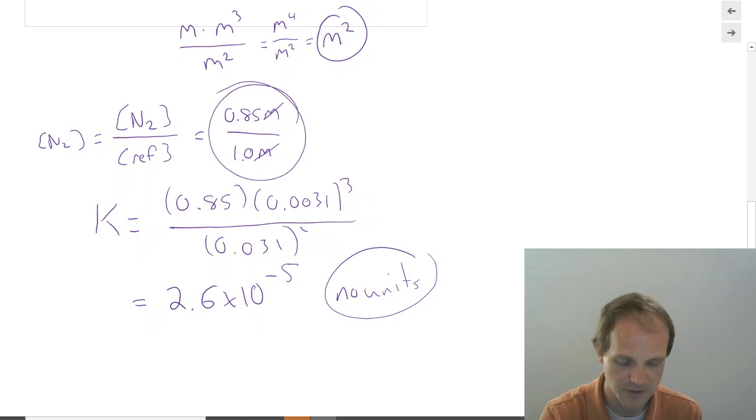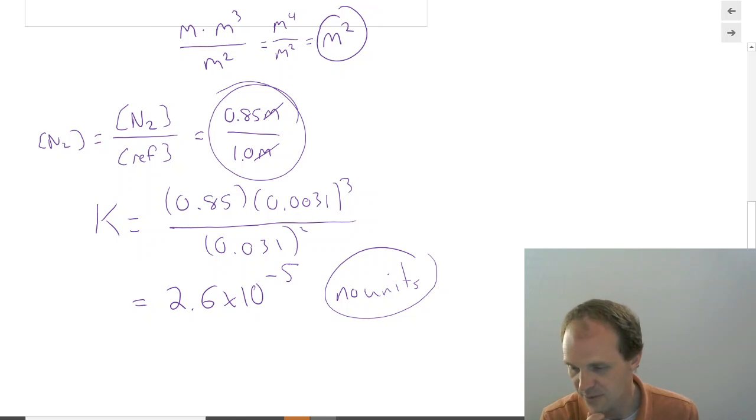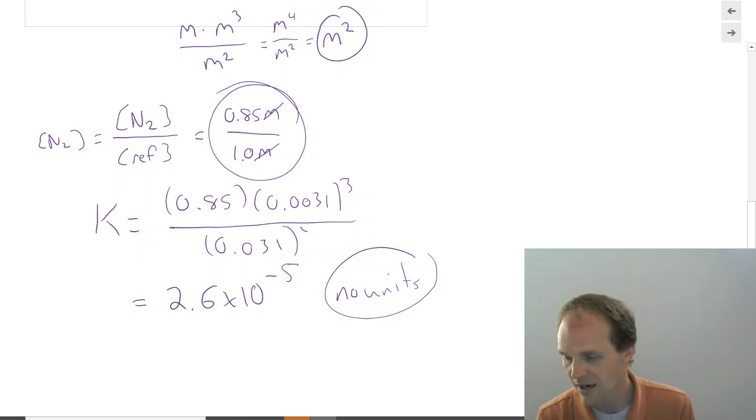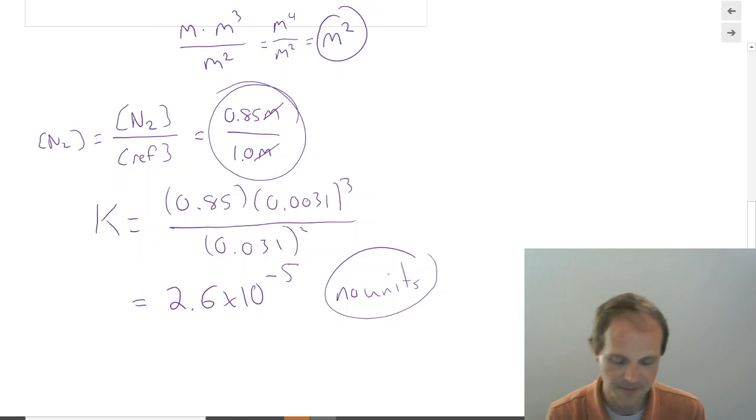One of the very few numbers in chemistry that has no units is the equilibrium constant. pH is the other one that we run across somewhat frequently. So 2.6 times 10 to the minus fifth, just a number. We'll talk about the meaning of that number as we go on in the class. All right. So that is how we calculate our K value. I feel like there was something else I wanted to say about that, but there we go. That's our 2.6 times 10 to the minus fifth.